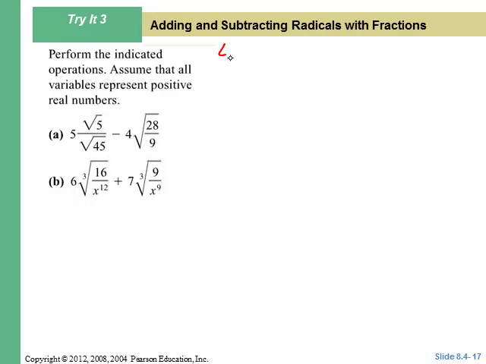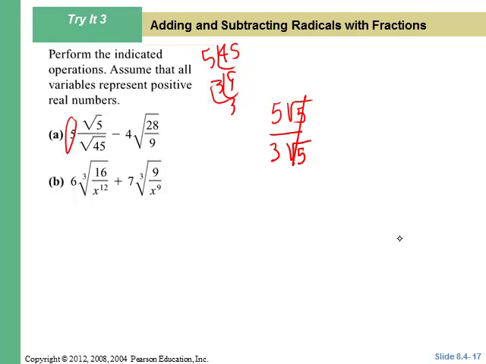Well, the square root of 45 is a pair of 3's on the outside, but there's already a 5 there. Well, let's leave that on the top. So it's 5 root of 5 over 3 root of 5.